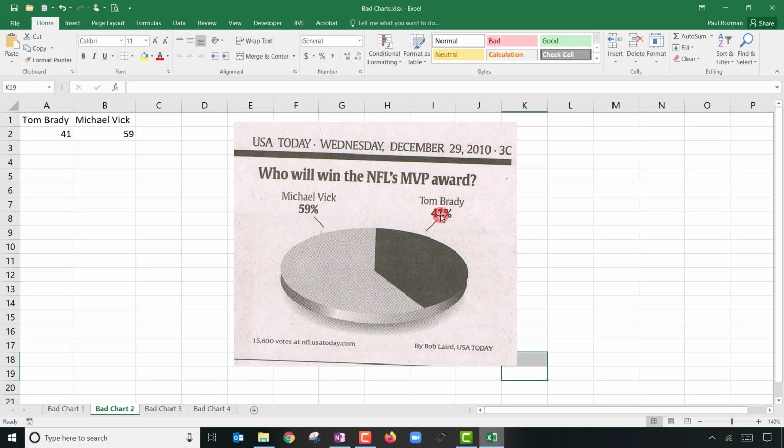So that's sort of what happened here. When given other options, people may not have voted for Michael Vick as much. He had just been convicted of a crime and gotten out of jail and stuff. If you've ever heard the story of Michael Vick. But if you're not interested in American football, then you probably haven't.